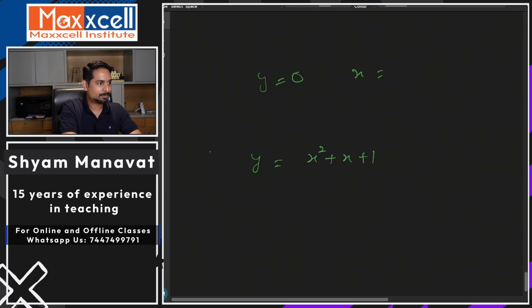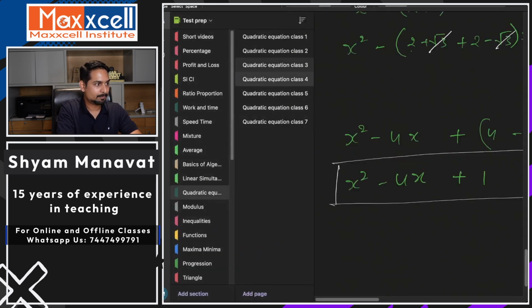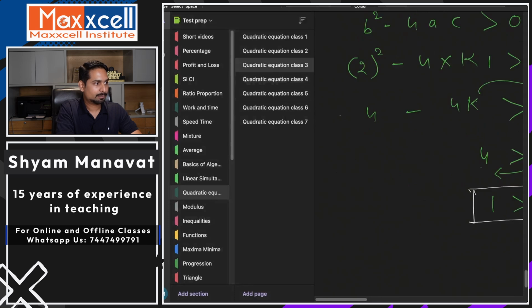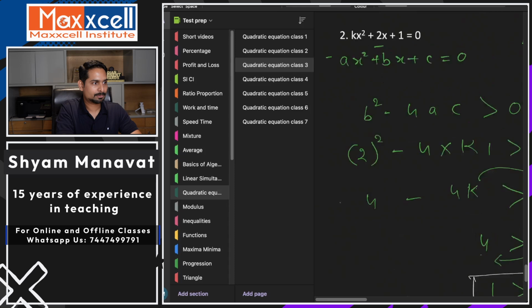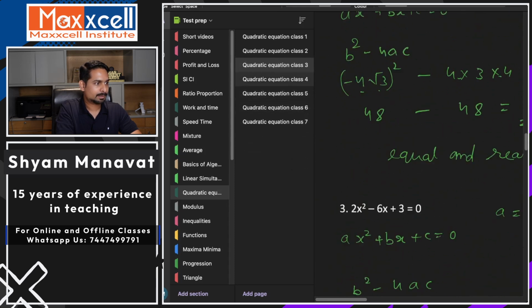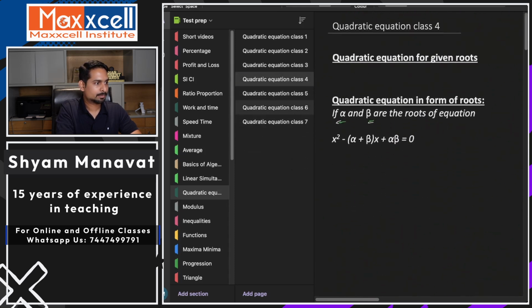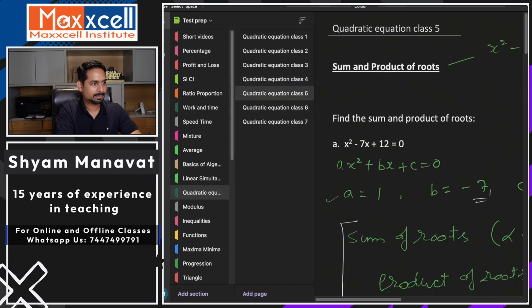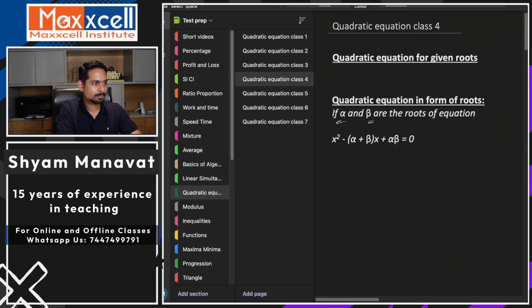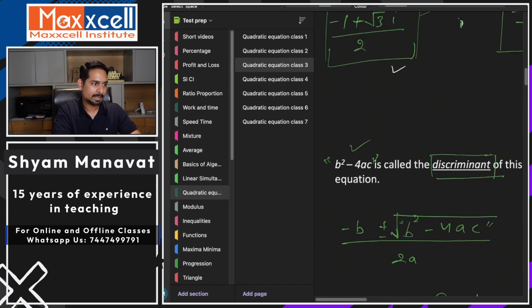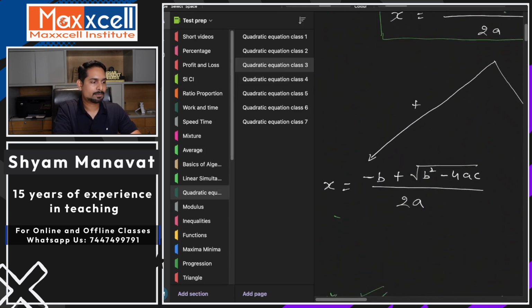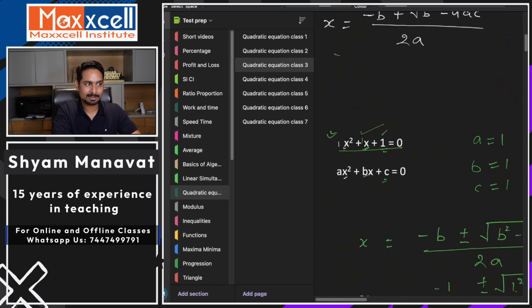You remember we solved this in lecture number 3, where we used the formula. We solved x square plus x plus 1 equal to 0, and we got imaginary values.